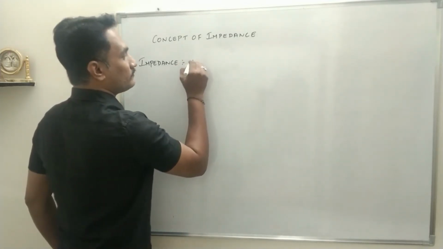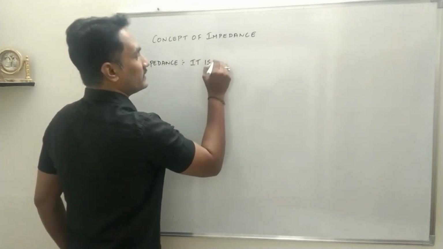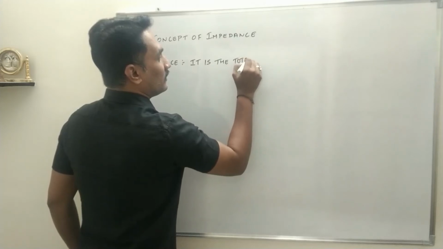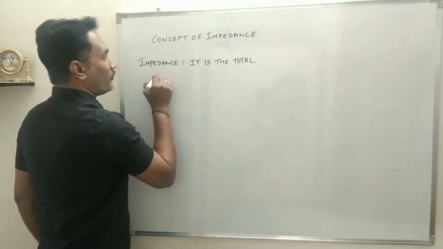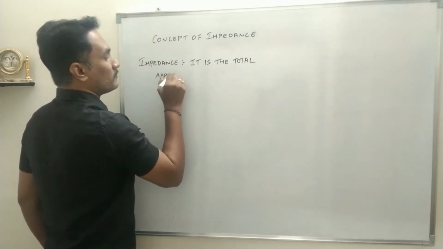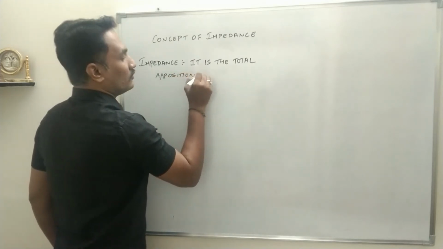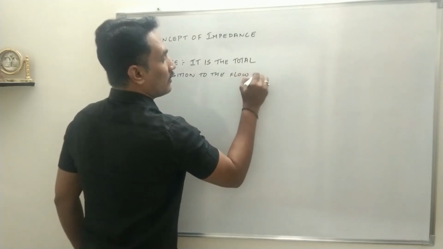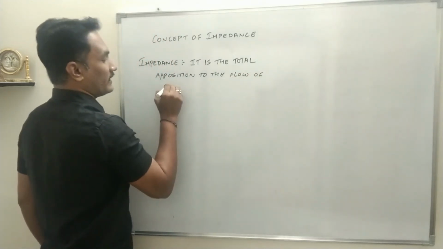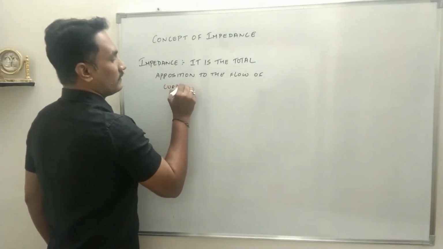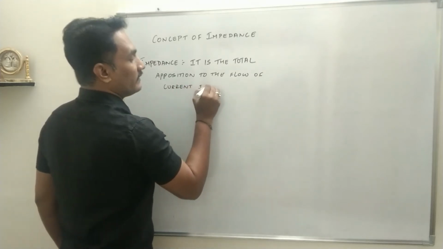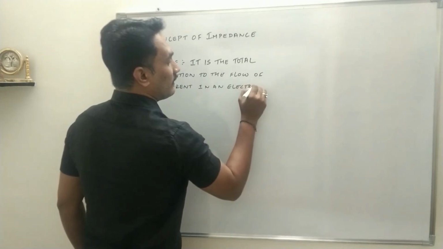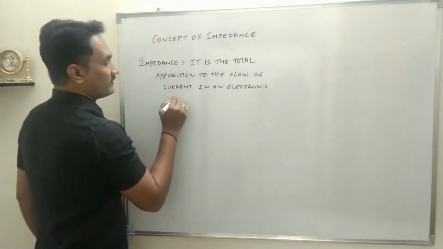It is the total opposition to the flow of current in an electronic circuit.